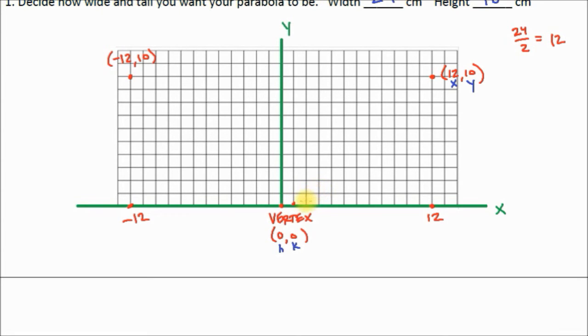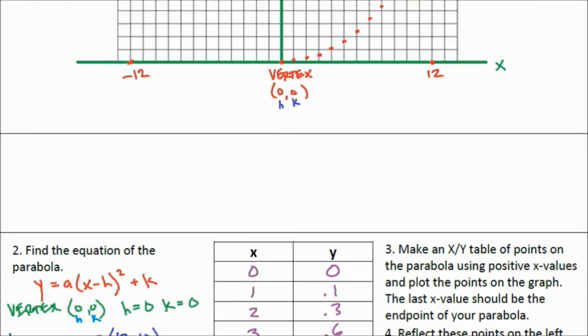At 2 we're at 0.3, at 3 we're at 0.6, at 4 we're at 1.1, 5 we're at 1.7, 6 we're at 2.5, 7 we're at 3.4, 8 we're at 4.4, 9 we're at 5.6, 10 we're at 6.9, 12 we're at 8.4, which is about right here. And you can see now these dots put together make a nice parabolic shape. So we've plotted those points.